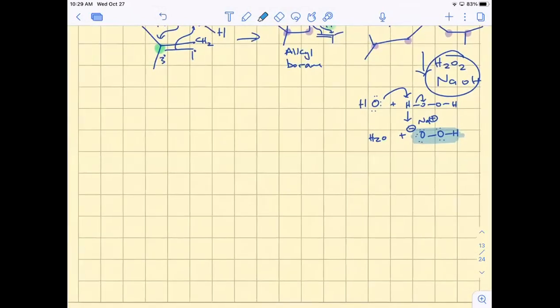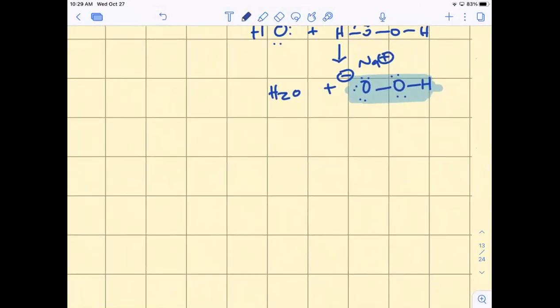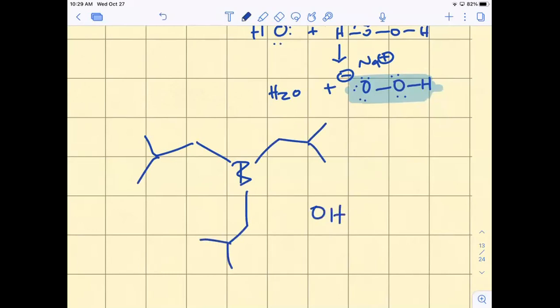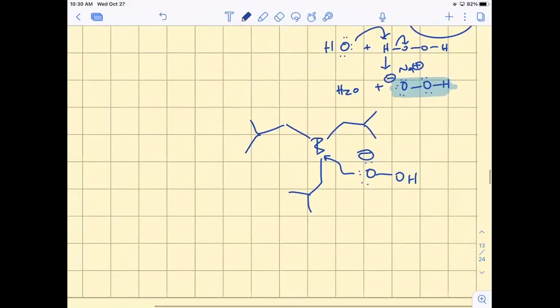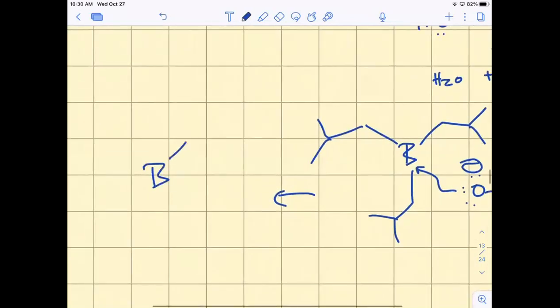So I'm going to take that alkyl borane that looks like this, and I'm going to attack it, like so. So once I attack it, I'm going to have a boron that has a negative charge.